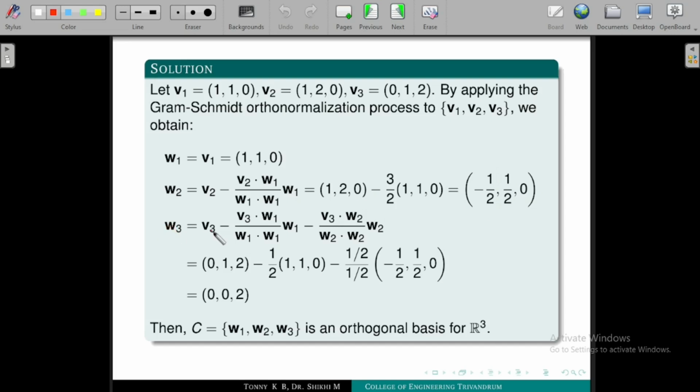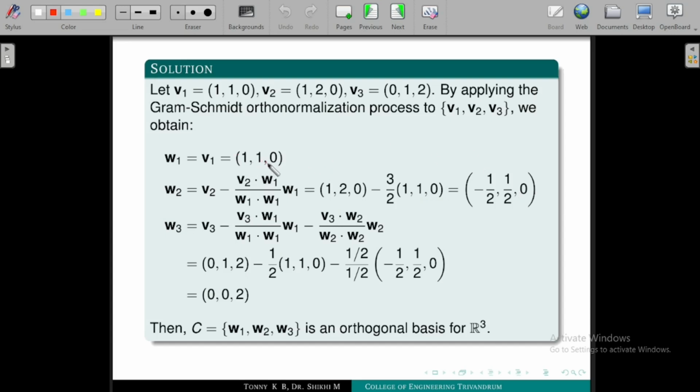Likewise, w3 equal to v3 minus v3 dot w1 by w1 dot w1 into w1, minus v3 dot w2 by w2 dot w2 into w2. So the answer is (0,0,2). So corresponding to each of the vectors v1, v2, v3, we have constructed the vectors w1, w2, w3. And you can check that these are pairwise orthogonal.